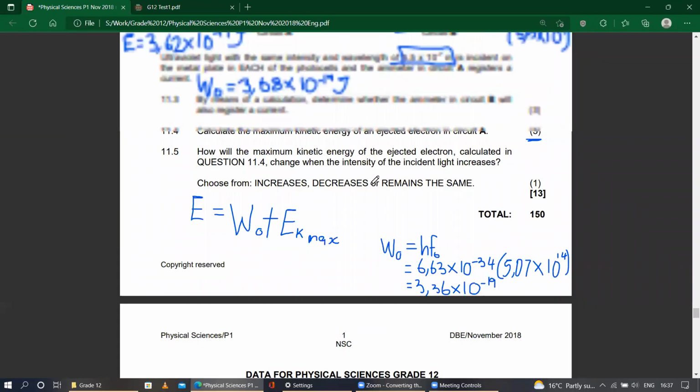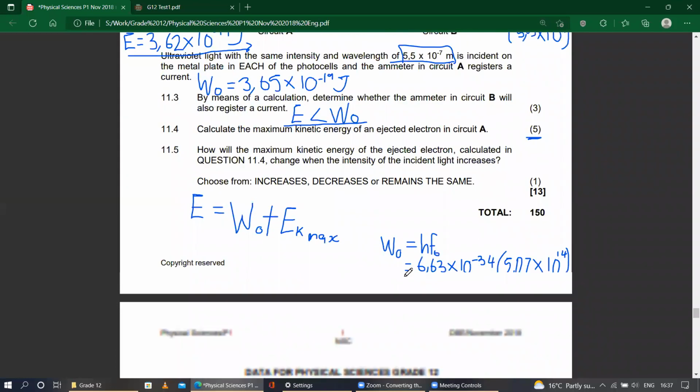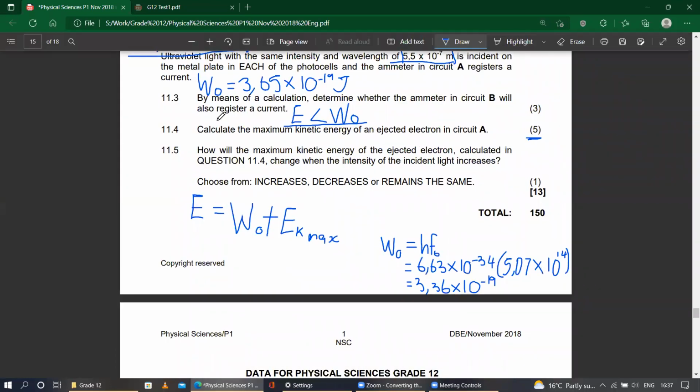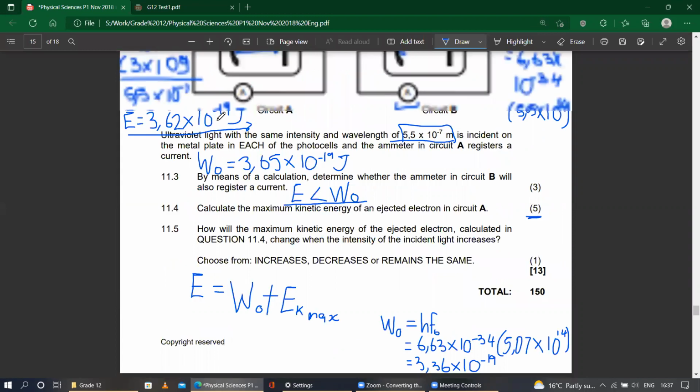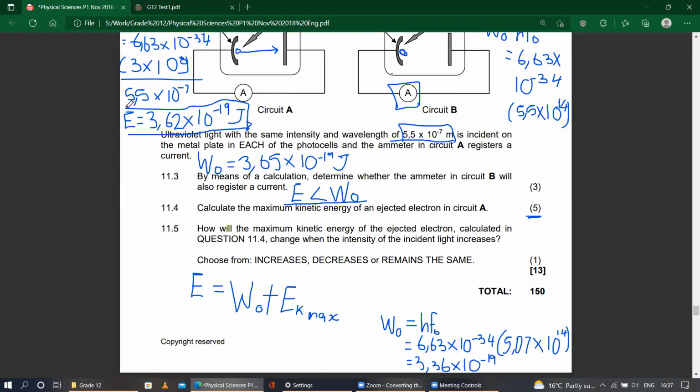So from this, we know our work function, and in the previous question we found the energy that the light gives to an electron. So this is our E here. You understand that part?